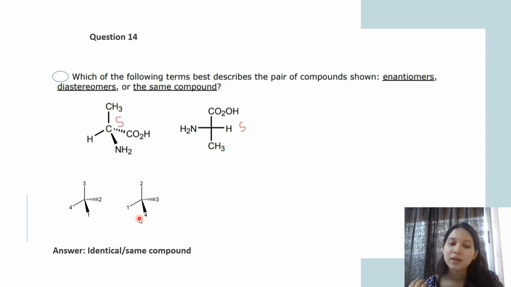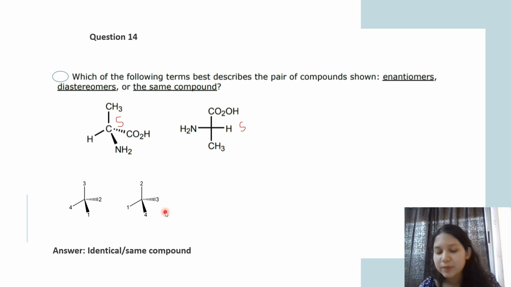We are just arranging the same molecule in space, so that we can correctly assign the RS nomenclature here. So we end up with 1, 2, 3, 4 substituents in this fashion.